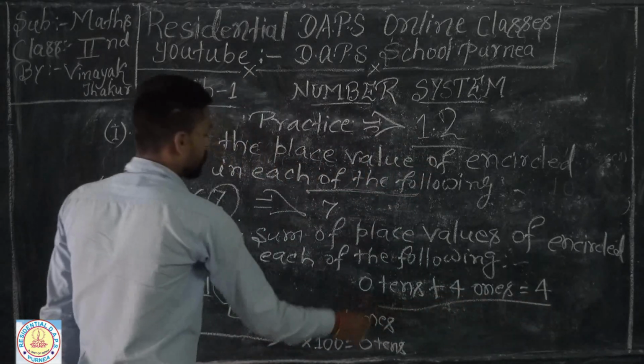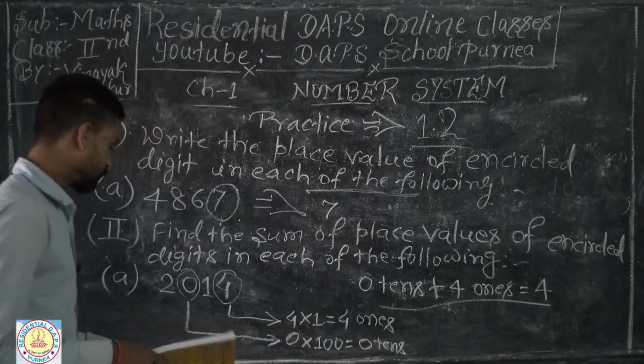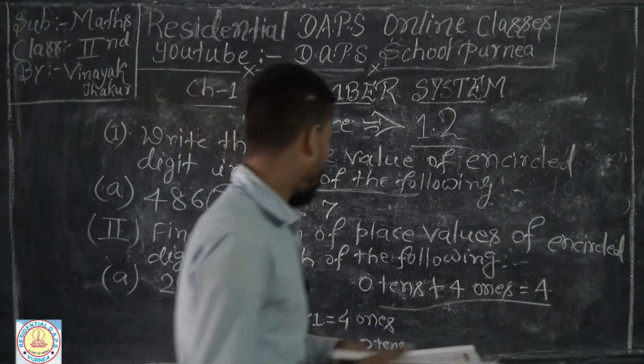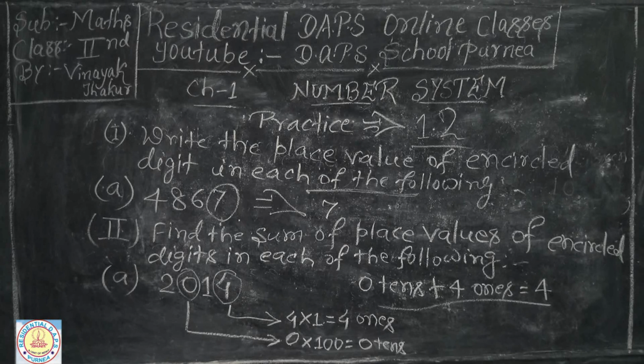So here your answer is only 4 ones. So this is the sum of your numbers, and I am going to solve your second question once again to understand it very well.